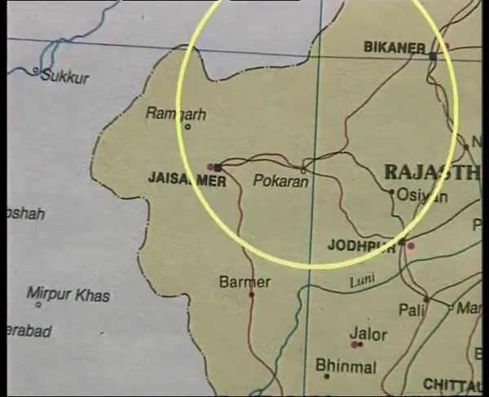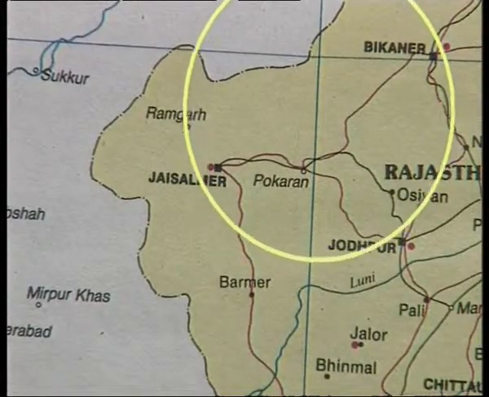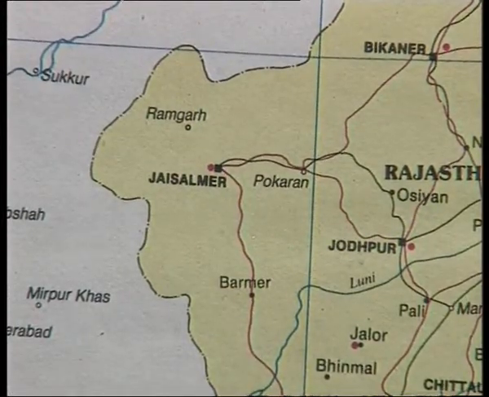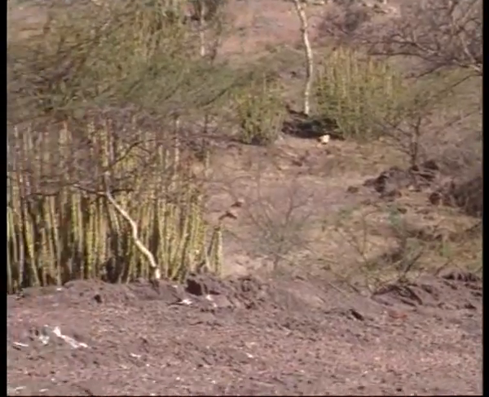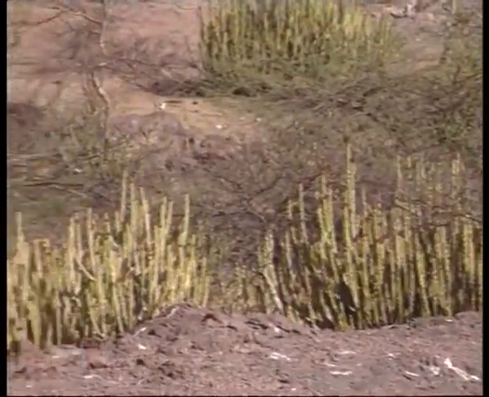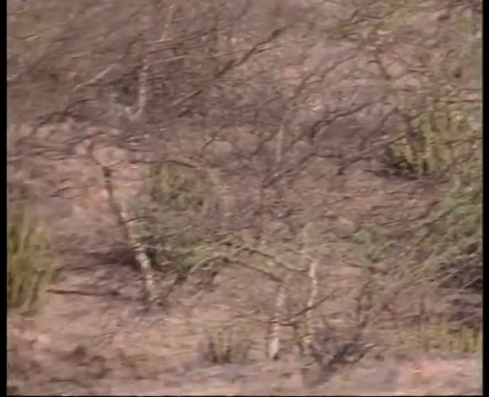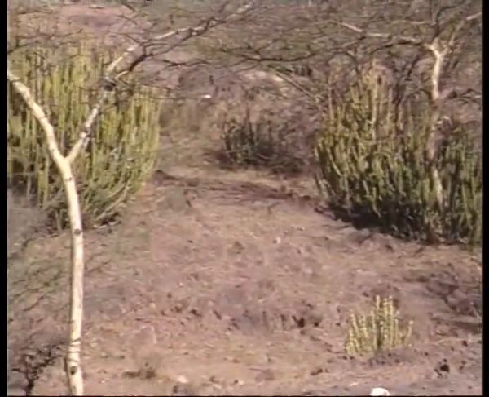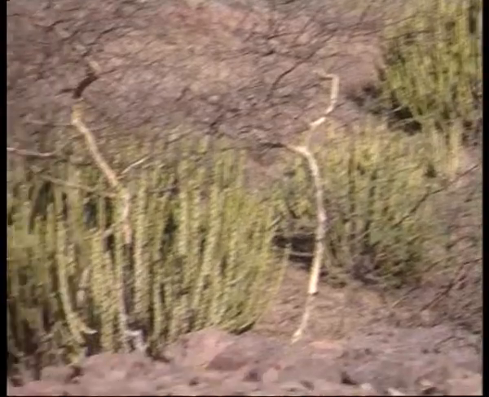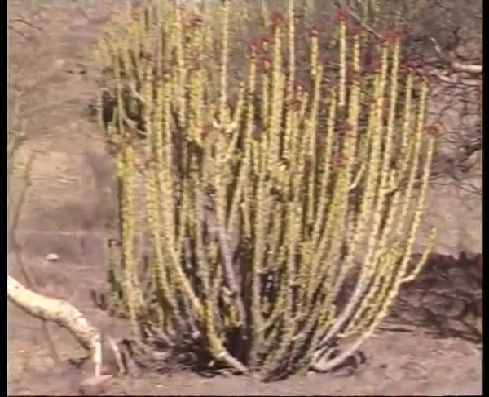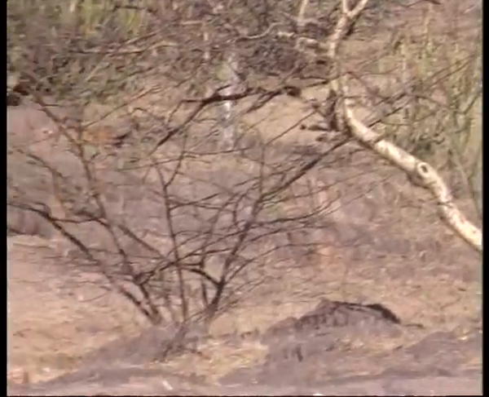And actually, there was the Tethys Sea in this region, which receded, and the desert conditions settled in this part of India. The Thar Desert is interspersed with rocky outcrops, with euphorbia bushes, and this habitat is inhabited by a fairly large number of mammalian species, both small as well as large.